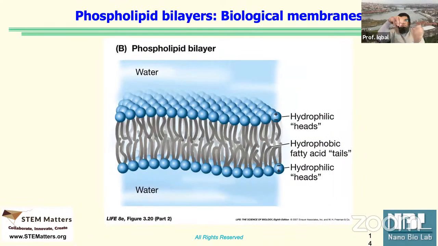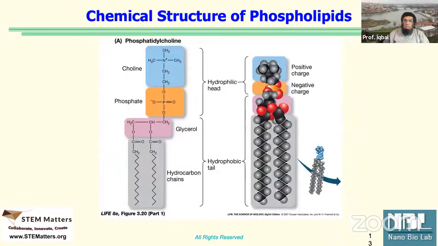So hydrophilic heads and hydrophobic tails, which are on the other side, right? Now, if you look closely, it's a large molecule. It's a molecule at the end of the day, nothing else. Atoms and molecules, basic elements coming together. Now, we also define a lot of things in nature by what they are doing.